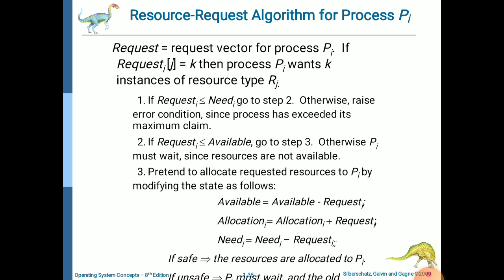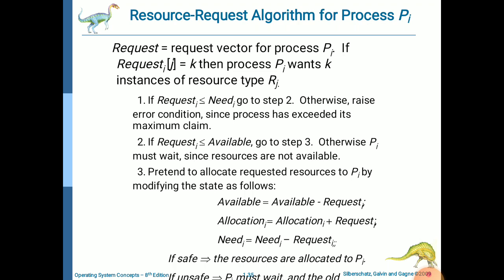If the request is less than or equal to Available in step 2, go to step 3, which means it should not exceed the available resources. Otherwise, since the resources are not available, this request cannot be taken into consideration.